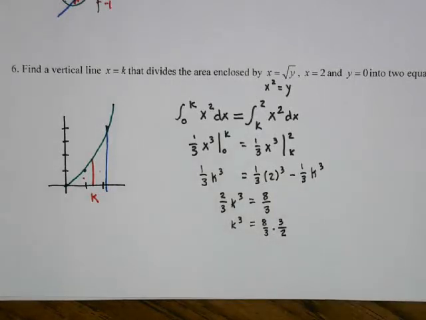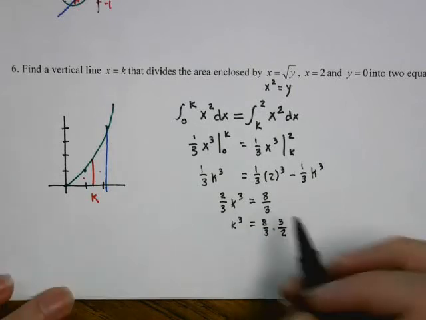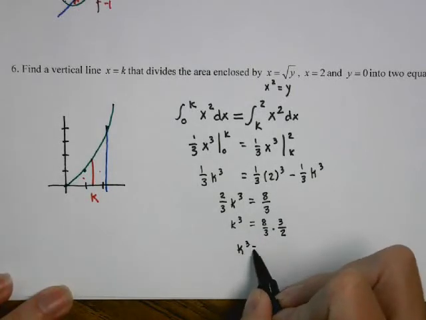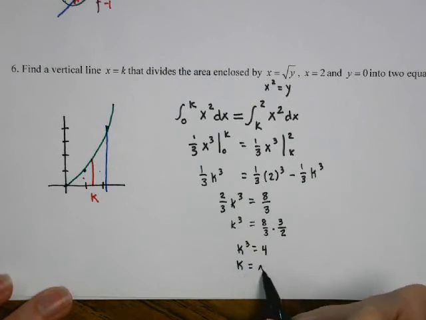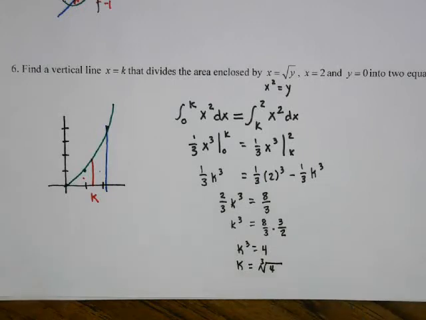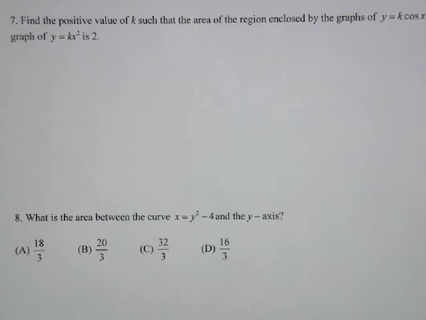Okay, so multiply by the reciprocal there, so this is going to be 4. So k cubed equals 4, which means the k that's going to split this into 2 equal places will be the cube root of 4.